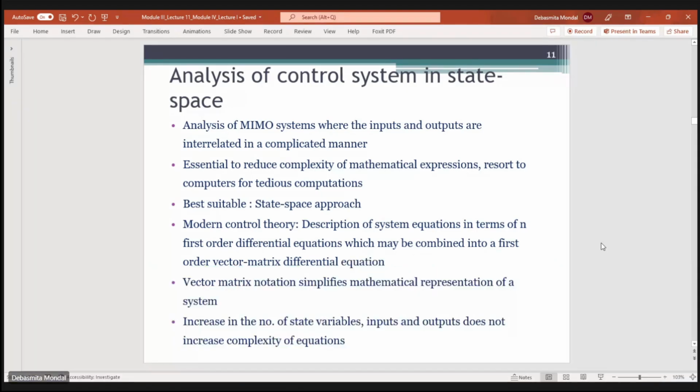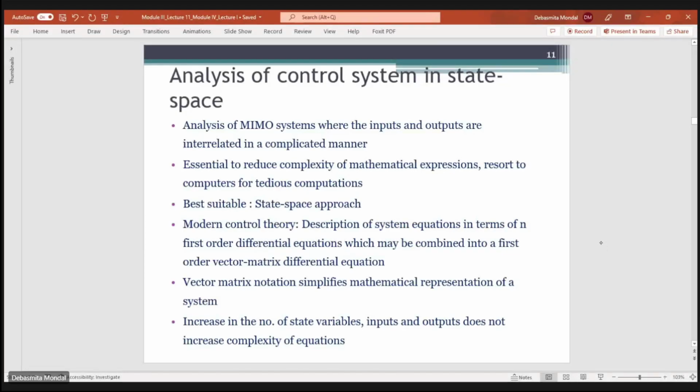But if your system is a multiple input, multiple output system, then describing it using a set of differential equations, known as state equations, becomes much easier. The analysis of MIMO systems is easier in the time domain rather than moving into the frequency domain.